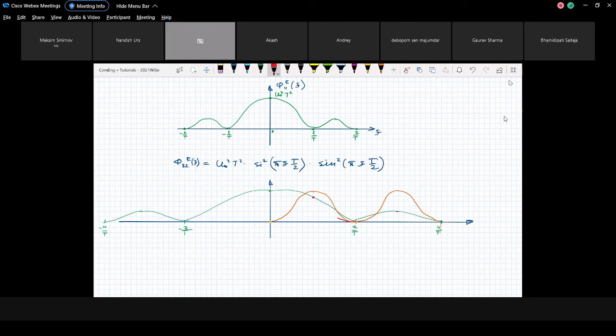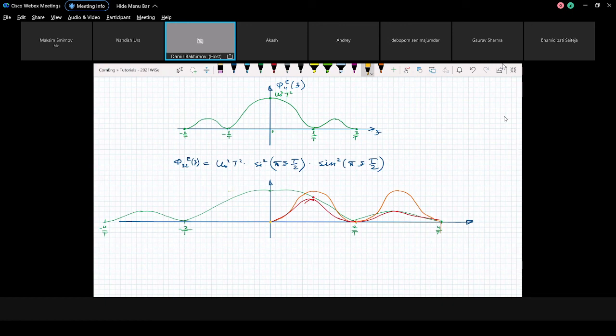We get something like this, and then in the negative range we have the same behavior.